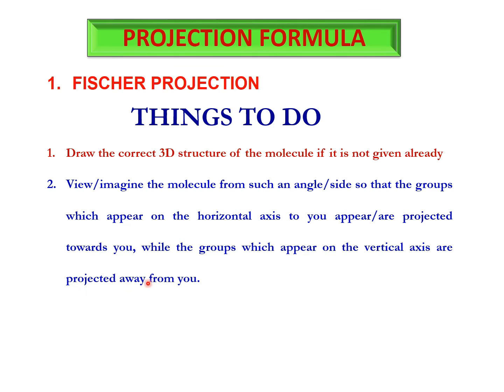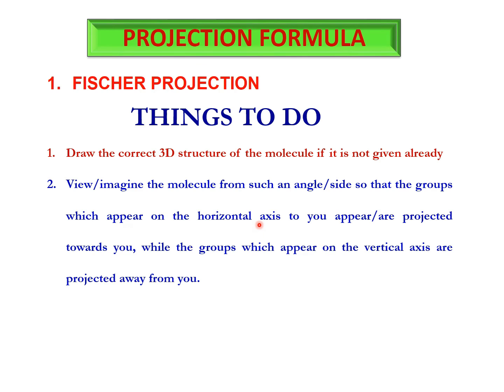And the CH3 and C2H5 in the last Fischer projection appeared to us on the horizontal axis, but they were on the other side of that line which I had drawn. So they were projected away from us, right? You have to look at the molecule from an angle where anything that appears on the horizontal axis is projected towards you.